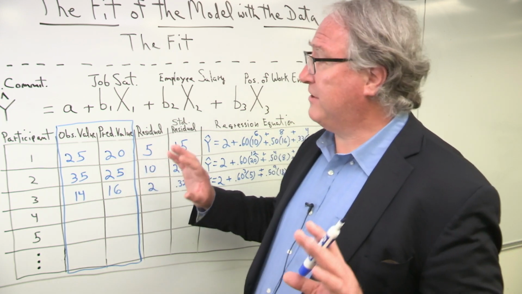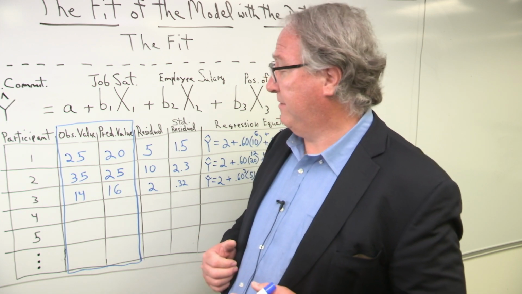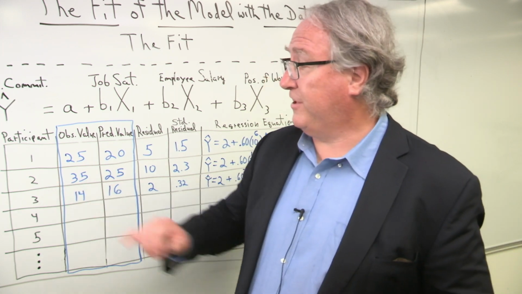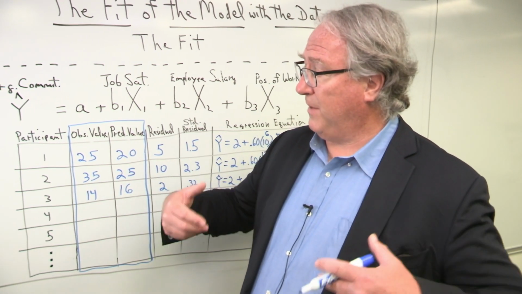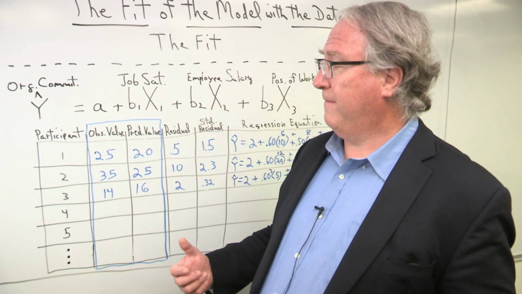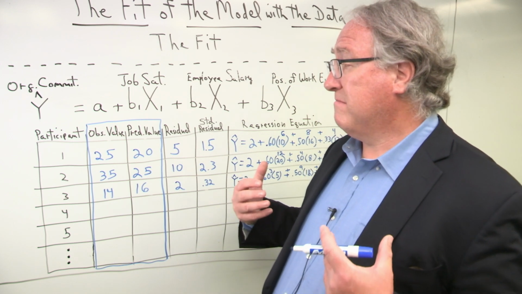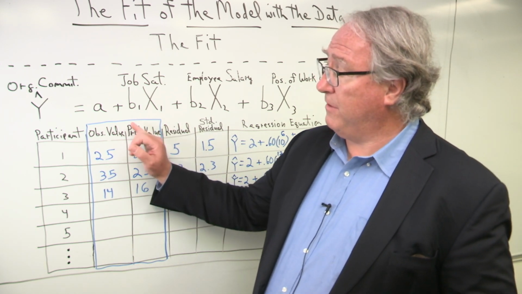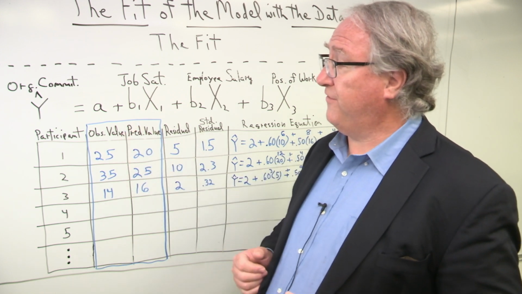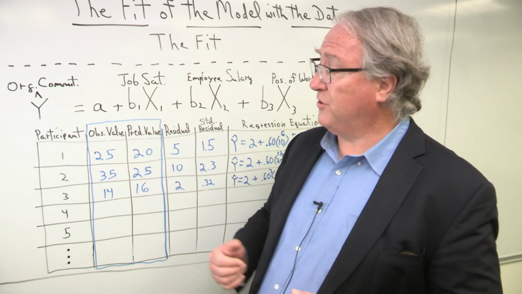And that doesn't mean that's the case for any particular participant. Certainly it didn't happen here with participant 2, for example, but looking across all 100 participants in your sample, the predicted values out of the model are coming pretty darn close to those observed values on the outcome variable measure.